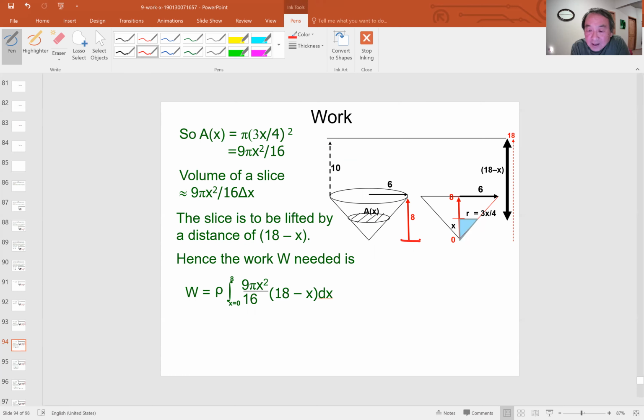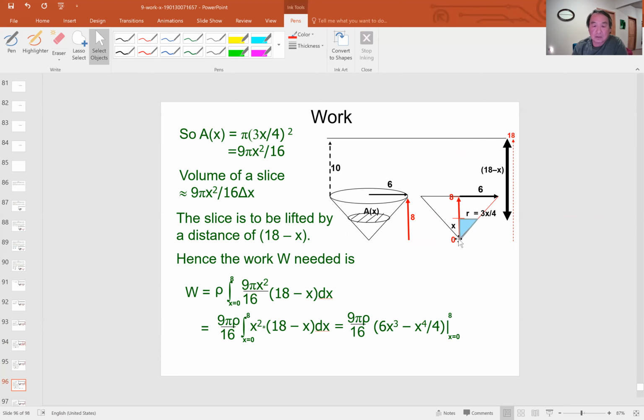In this case I set x from here to here, so here's x, and this is a cross-sectional surface. It has to travel 18 minus x because this whole trip is 18, up to the bottom. Then the rest is calculated. And that's it for the work.